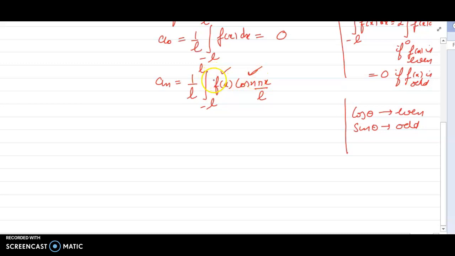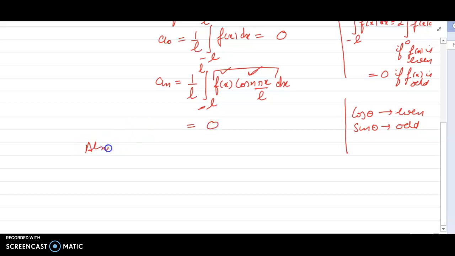This entire term f x cos of n pi x by L is odd. Now look at the range of integral. It is varying from minus L to L. So by using this concept, I can directly write its integral as 0.